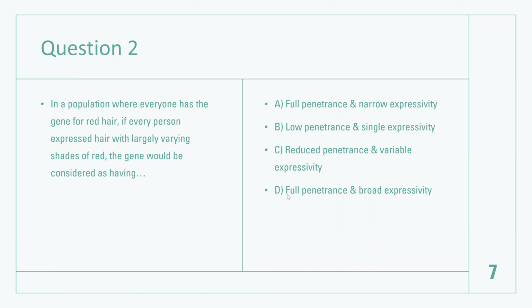So I am seeing these, and that is the right answer, because if everyone has the gene for red hair and they're expressing the red color for the hair, that means it's fully penetrant because everyone that has the gene is expressing it. Now for expressivity, since we have largely varying shades or varying expression of the gene for red hair, it would be broad.